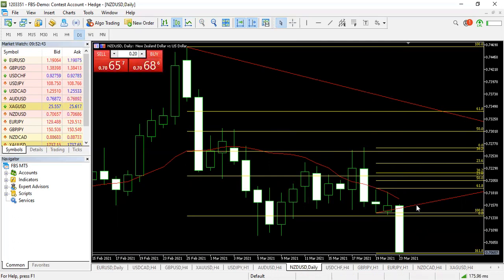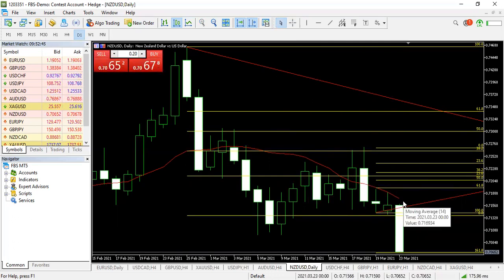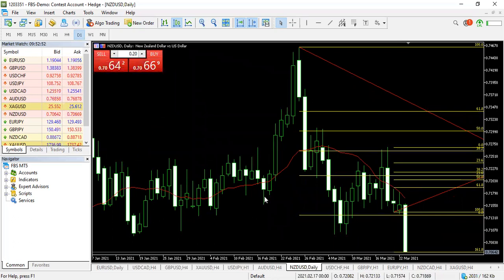However, if this daily candle does not close above here, then we have a change of direction, and the pair would continue falling.